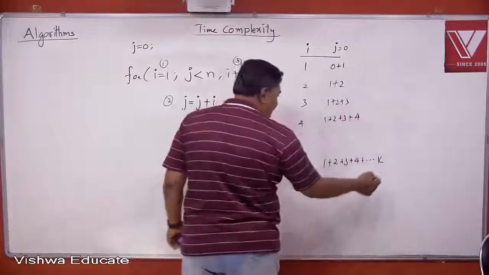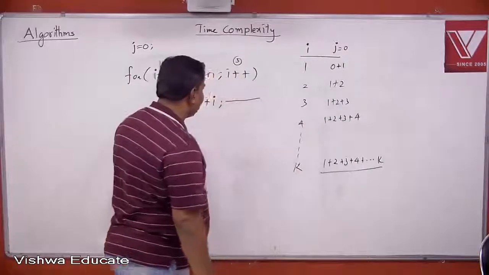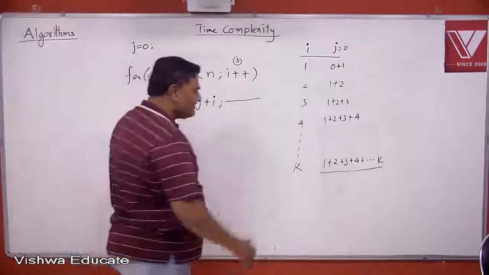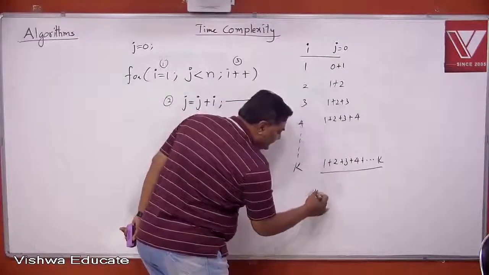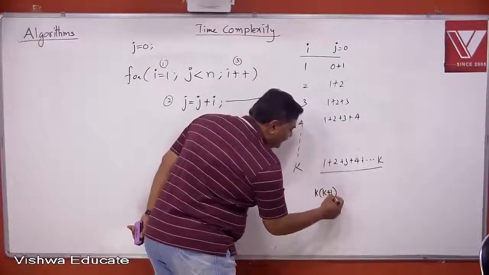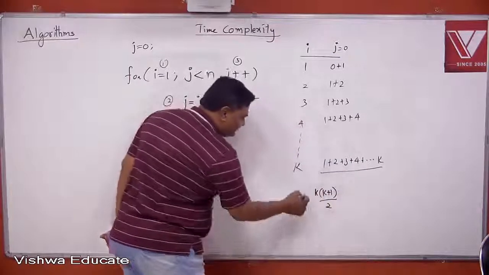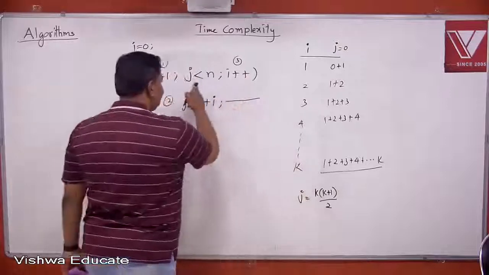And it will terminate. So what is the condition we are checking? j less than n. So what is j? j is this one. Do you know this one? It is k into k plus 1 by 2. This is j. And what is the condition? j less than n.